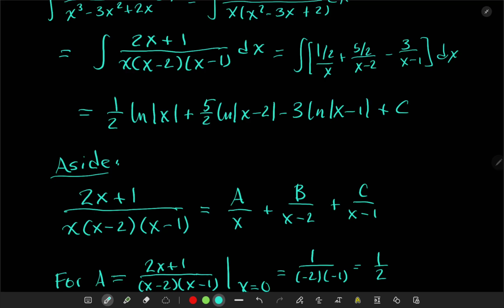In the book, they will put this 1/2 as a square root. This is going to be the square root of x minus 2 to the 5th, and then there's going to be cubed. Then they're going to collect it, and they're going to end up with something like the natural log of the square root of x times the square root of x minus 2 to the 5th, or they just do the square root of x times x minus 2 to the 5th over x minus 1 cubed.